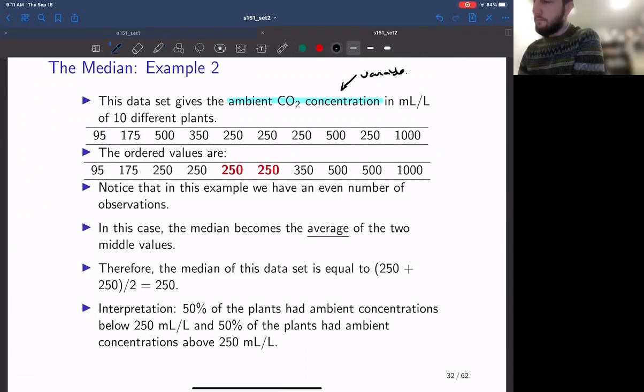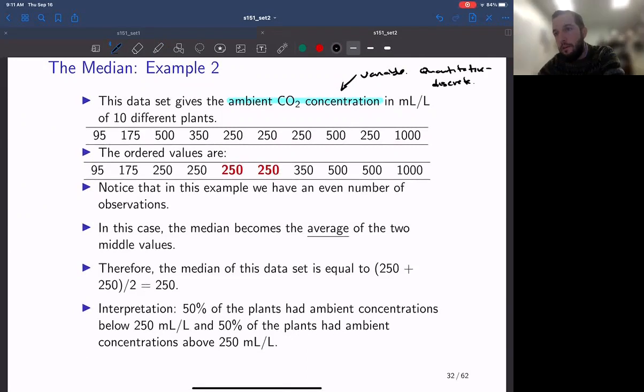Okay. And this, again, is quantitative discrete. The first thing we do is we start by organizing the data from smallest to largest. Okay, so this is the original data, and then this is the ordered data.